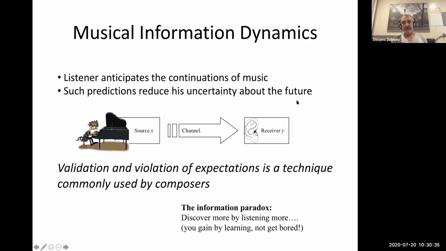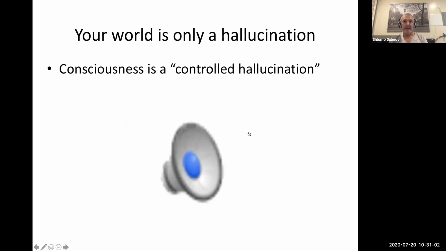They reduce the uncertainty about the future, and the whole principle of validation and violation of expectations in music, which is still actively explored by music theorists and people who study musical cognition. This is a process that could be formalized as an information theory aspect.